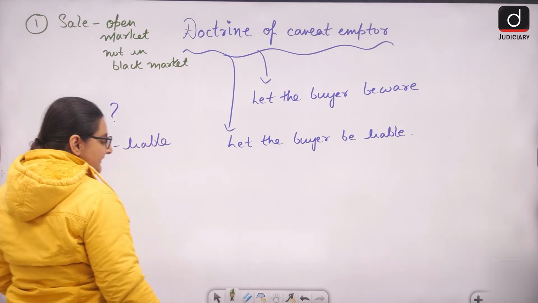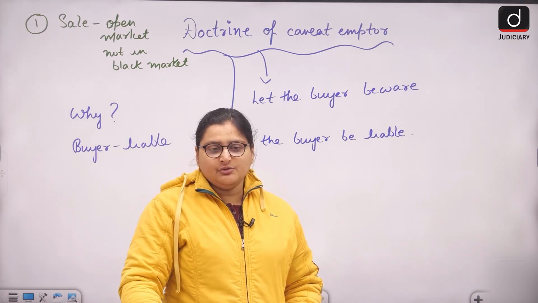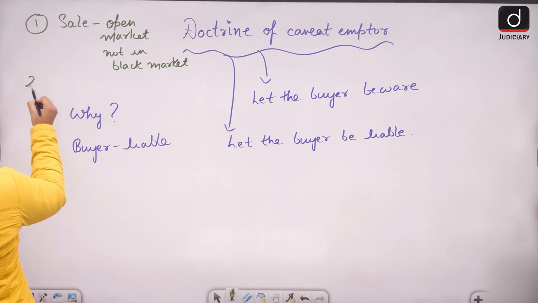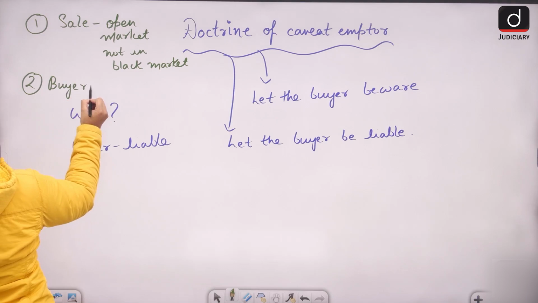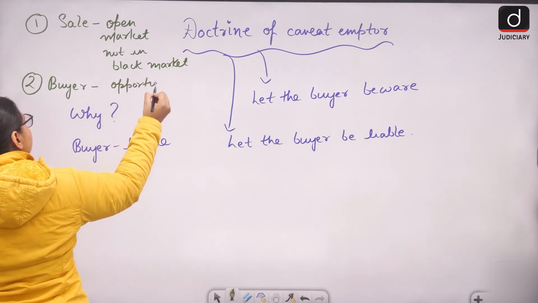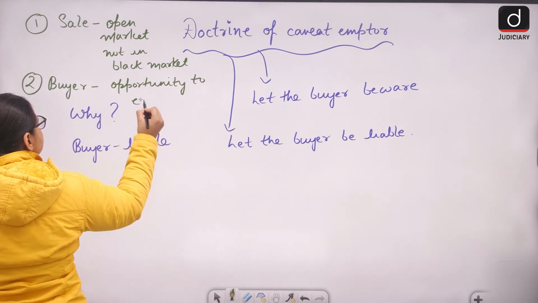If the sale is made in open market, it means the buyer has the opportunity to examine the goods. The second reason is the buyer is being given the opportunity to examine the goods.